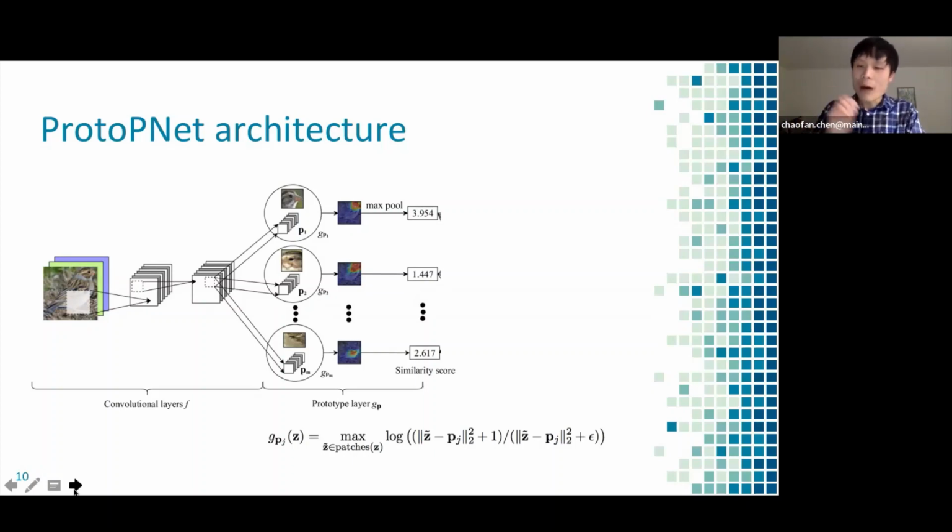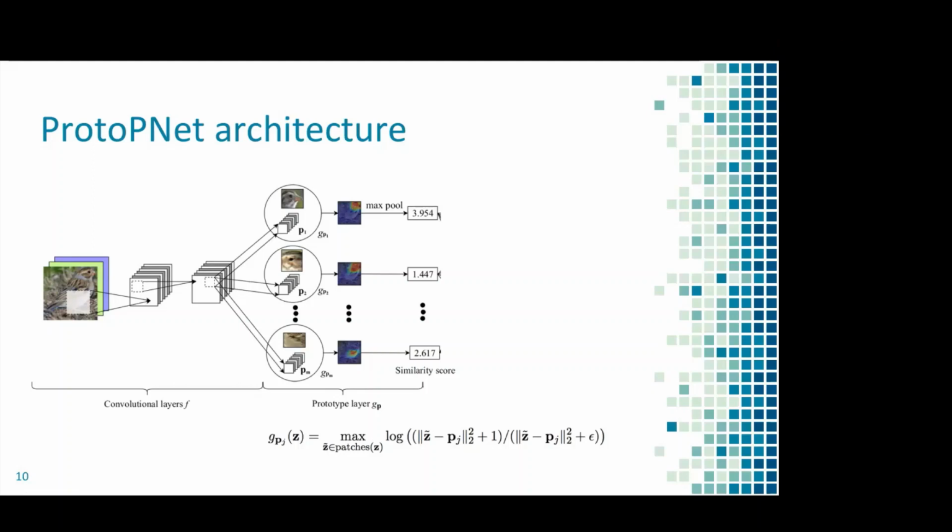Okay, what happens in the prototype layer is that we compare patches of the convolutional features with each of the learned prototypes. In the original work, we use something based on the L2 distance. So it's an L2 distance-based similarity function, and the form of the similarity function is listed at the bottom of the slide. This function is monotonically decreasing with respect to the L2 distance.